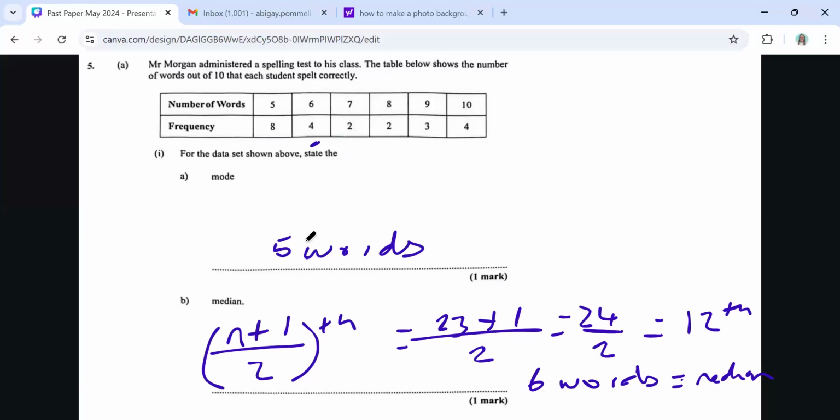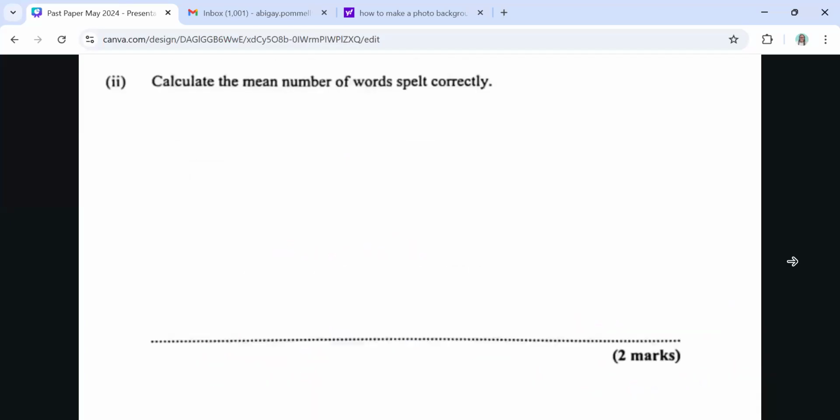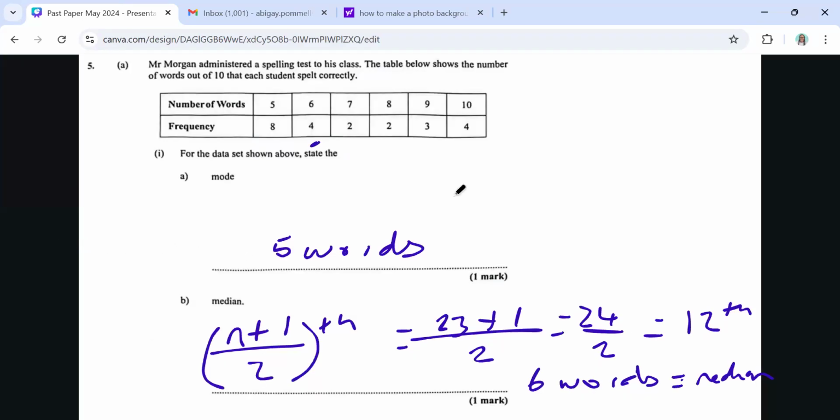All right, skipping on. It says calculate the mean number of words spelled correctly. So I'm going back over here and I am going to calculate the mean.